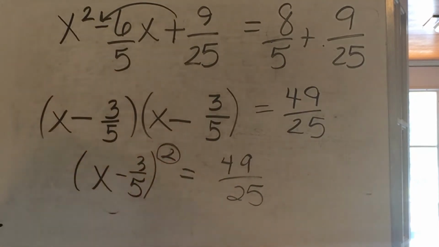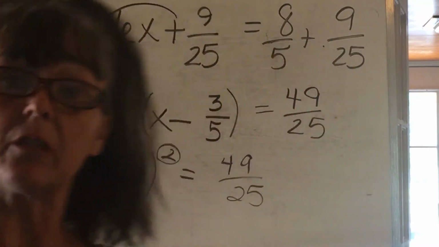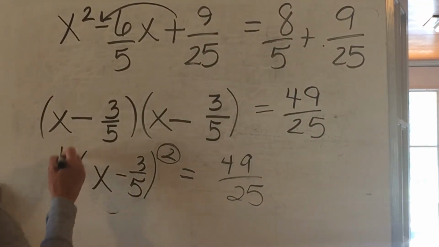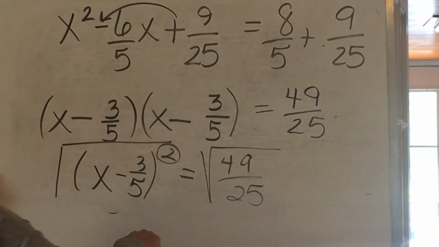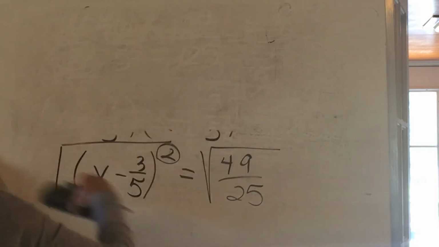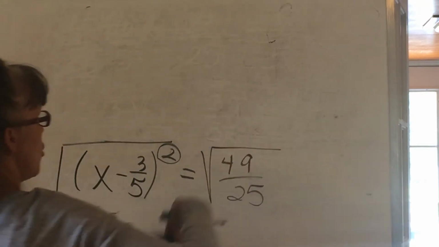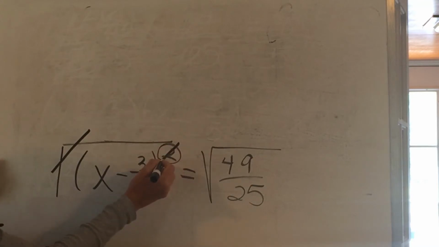How do you get rid of a square? Take a square root. Then whatever you do to one side, you have to do to the other side. So now, I'm going to cross-cancel my square root and my square.